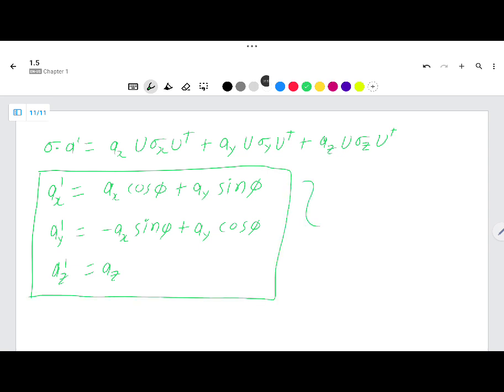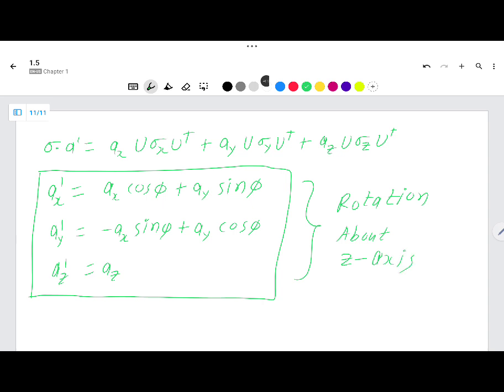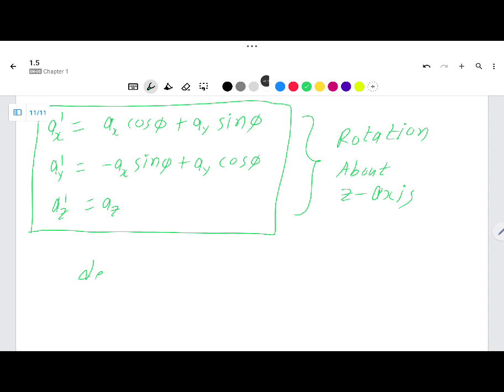So this is actually like rotation about z axis. And if one would like to find determinant of sigma dot A, it would come out to be the length of this vector, and this is invariant under this transformation.